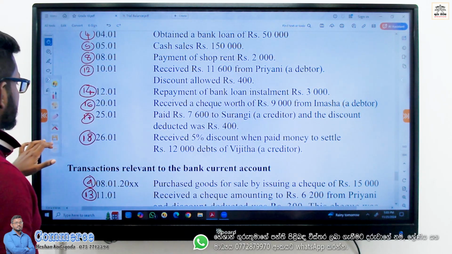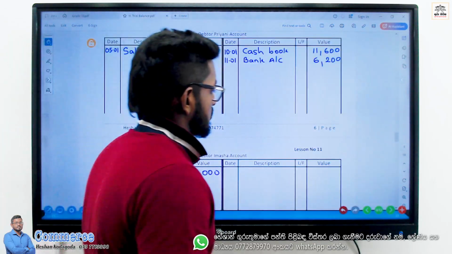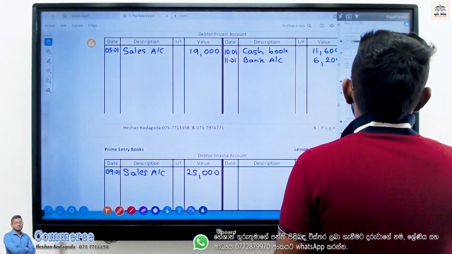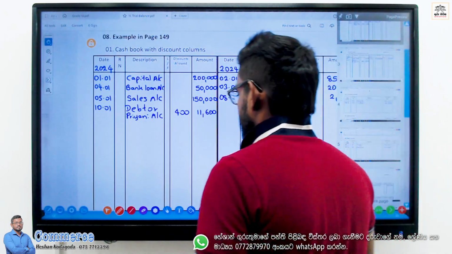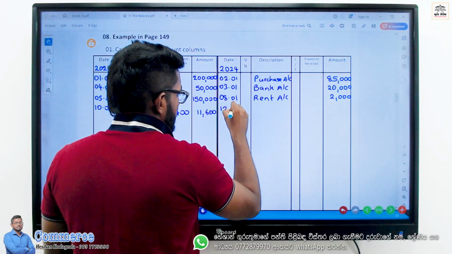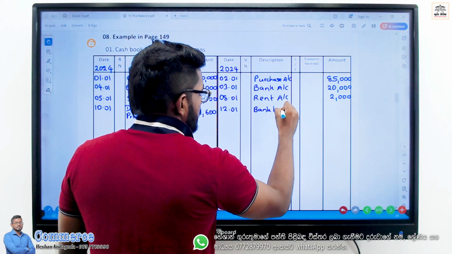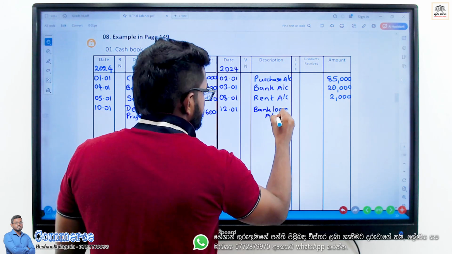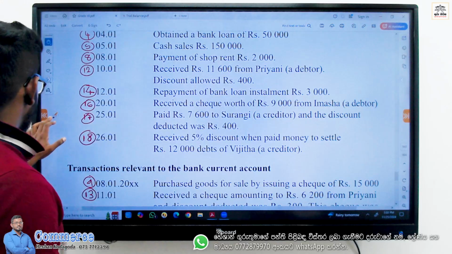12th of January. Go to the cash book. Twelfth of January, bank loan account. How much? 3,000.